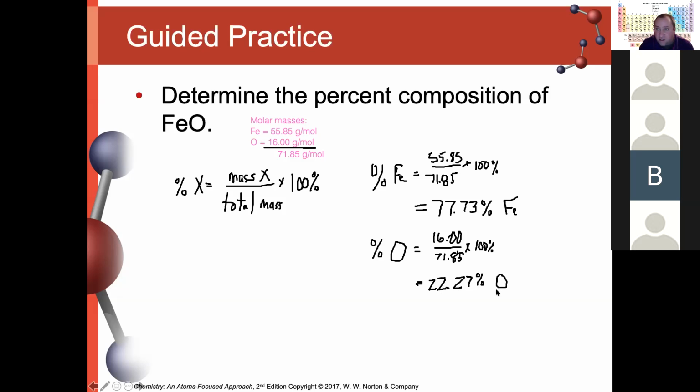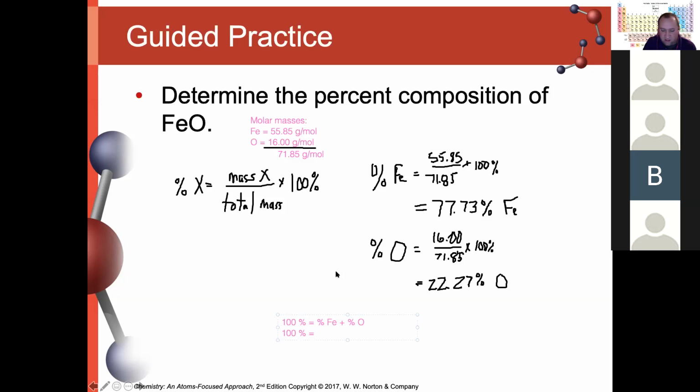Now you may be saying to yourself, isn't there an easier way to do this? And the answer is yes. Similarly to what we did in the very first practice problem that we did today with the percent abundances, the rule of 100% applies here as well. I could have done 100% is equal to the percent of iron plus the percent of oxygen.